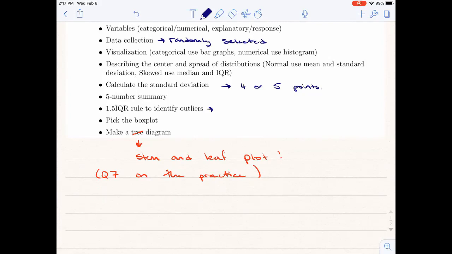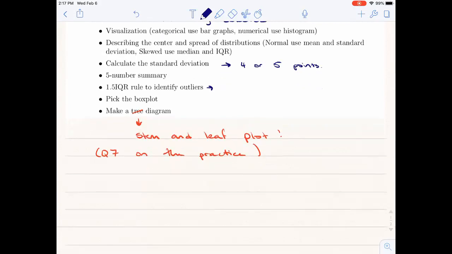Because if you find your bounds and the minimum and the maximum are within those bounds, then there are no outliers. So you can just look at the max and the min to see if those bounds are inside or outside your data. So it could be done using just the 5-number summary.